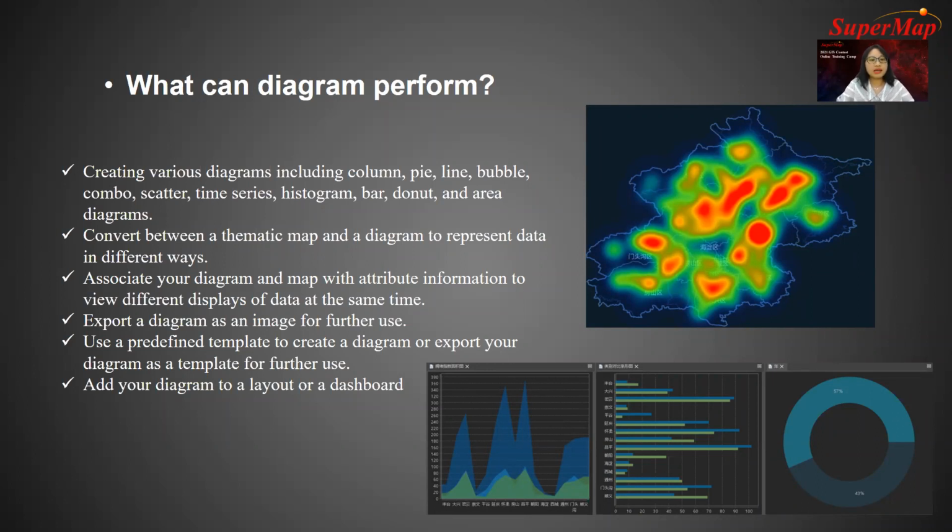And also we can export the diagram as an image for further applications, such that you can add the image to the layout, or use it for your other applications. Here is an example. This map shows the traffic jam situation of Beijing in the morning rush hour. From the map, we can roughly know where the hot areas and cold areas are.